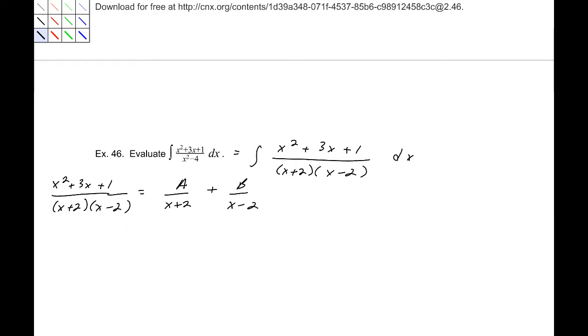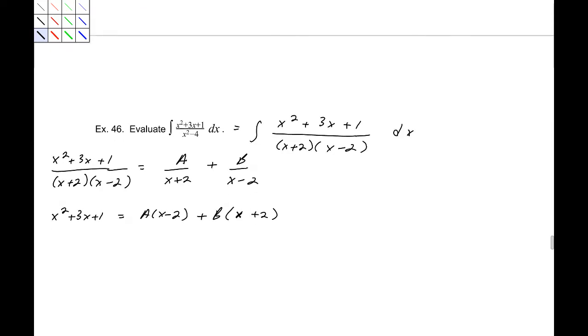Now clearing those fractions, we get x squared plus 3x plus 1 equals a times x minus 2. And notice that I'm not actually distributing anything here. I'm just canceling those factors because it makes it easier to plug some values in. So I get b times x plus 2. Now let's choose a couple of values. 2 and negative 2 are good choices here.